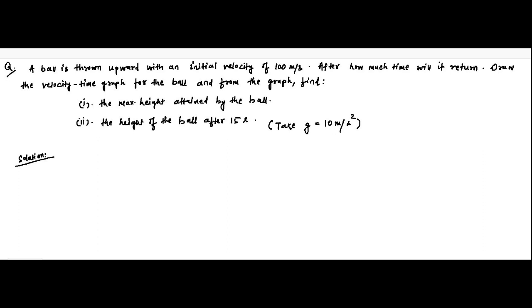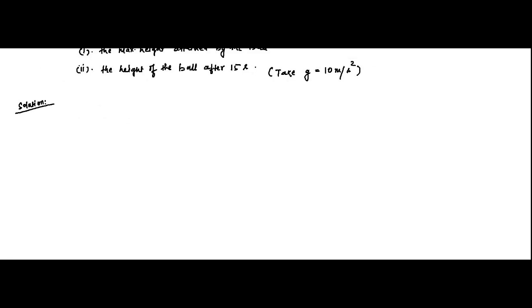Okay, so again it's related to motion of an object under the influence of gravity, which we have discussed in a lot of questions and equations of motion, and also in graphical analysis, but with different variations. So it is given that a ball is thrown upwards from the ground with a velocity of 100 meters per second, which is the initial velocity.